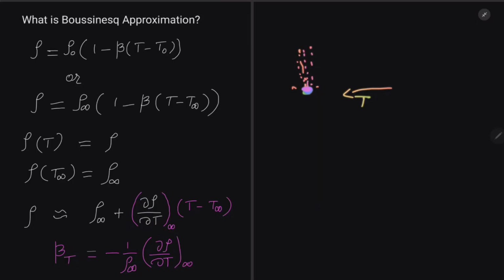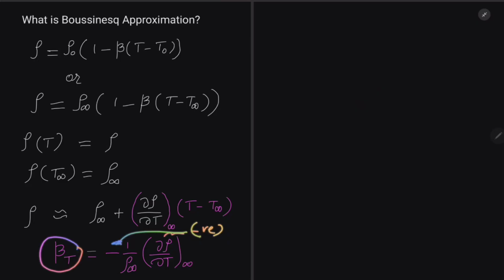So what we want to see is that when something is lighter, the density decreases, and when the temperature increases, this quantity becomes negative. And this negative gives us the positive thing, and we want to make beta T a positive quantity. Beta T is the thermal coefficient, and it remains always positive.